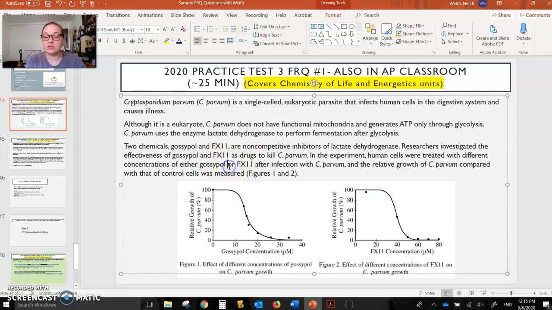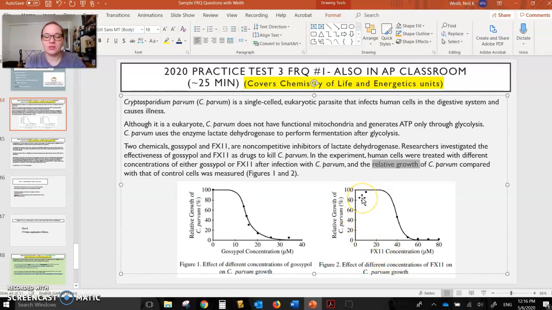Researchers are using 2 chemicals that are non-competitive inhibitors to that enzyme. And then you have graphs of relative concentrations. They have graphs of relative growth. So as concentration of the chemical increases, here's the relative growth of this experimental group with Gossypol or FX11 or FX2.